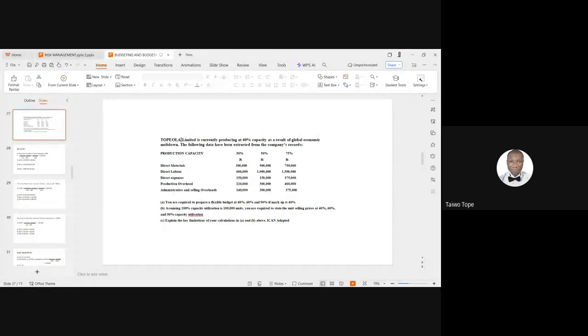You can come up with as many points as you can. Inflation can affect the price because these budgets are prepared now, before the execution, and certain economic factors might have set in and affect what you've prepared. The forecast might not be accurate.